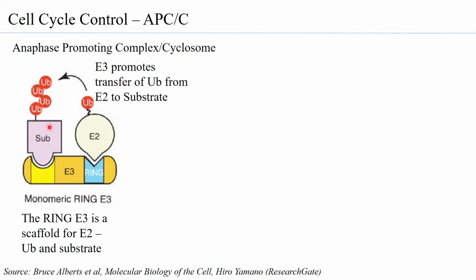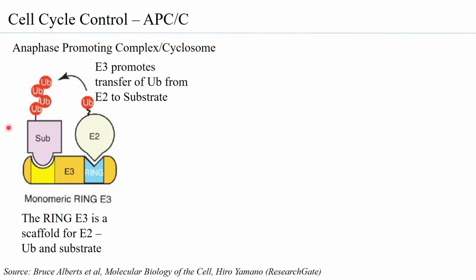So the substrate will get polyubiquitinated, and this has a significance. The significance is that any substrate which is polyubiquitinated is kind of a mark to be degraded. That is the idea generally.